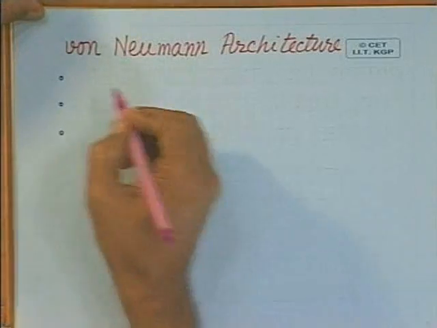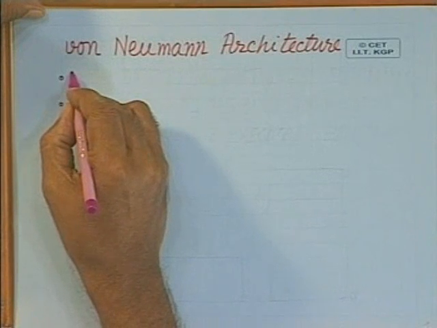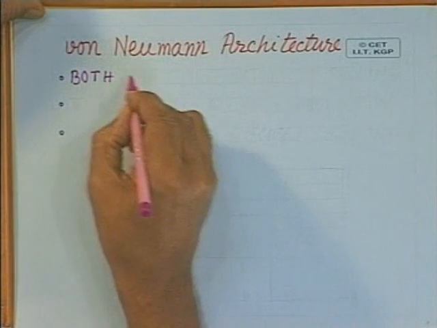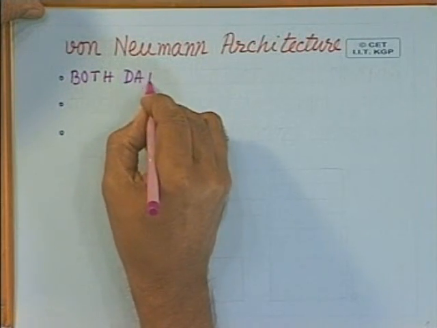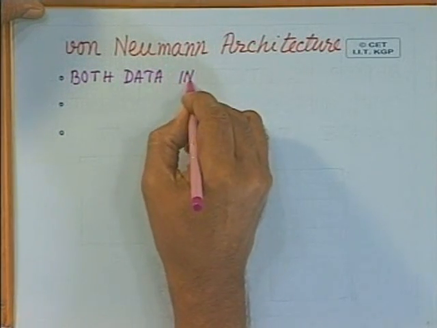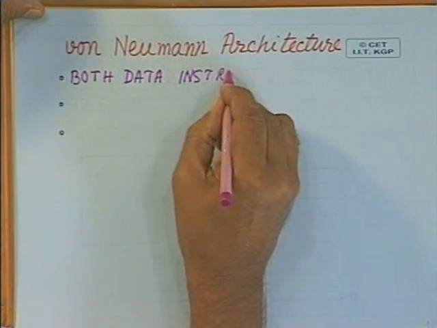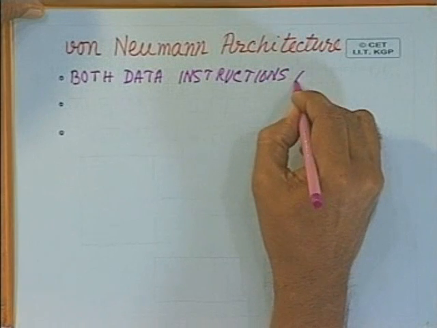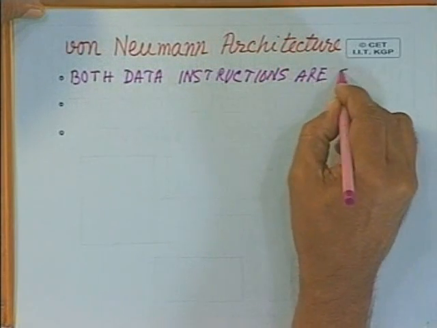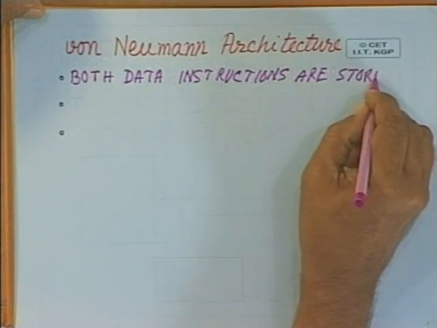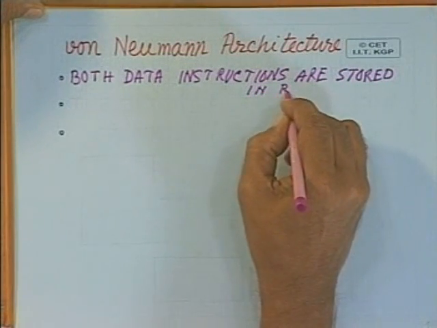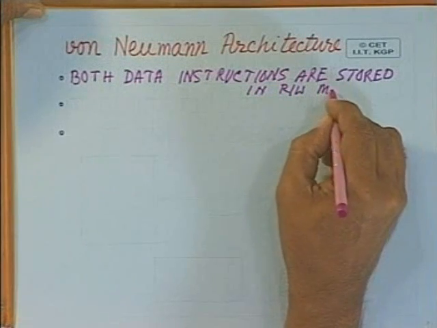The basic characteristics are, in case of von Neumann architecture, we will find that both data and instructions are stored in read-write memory.